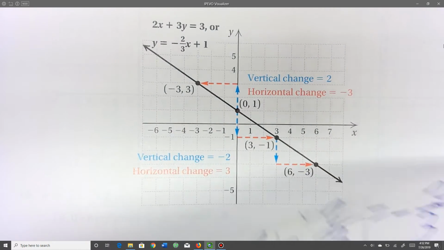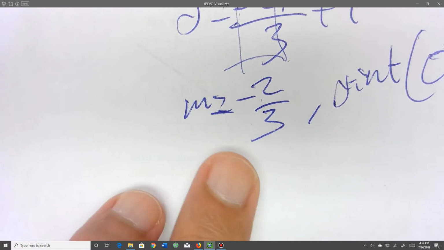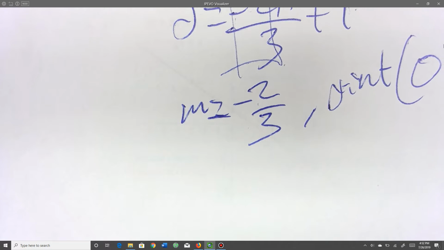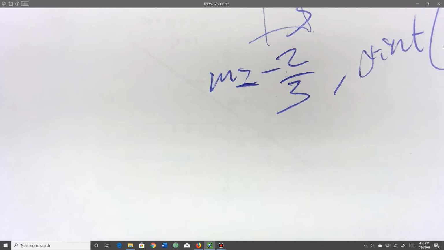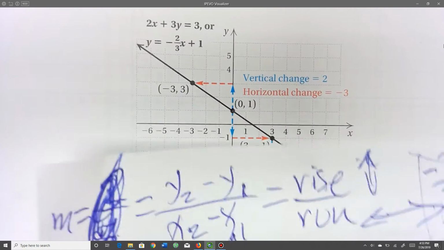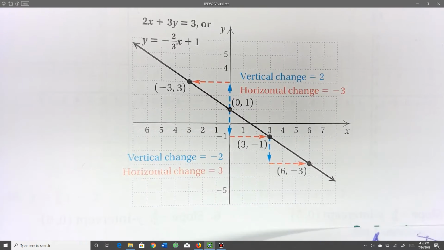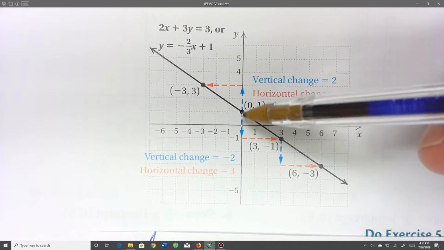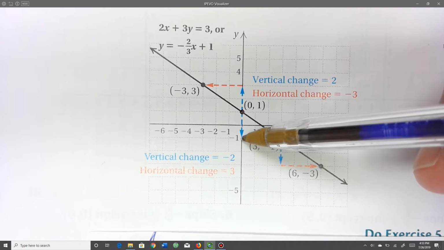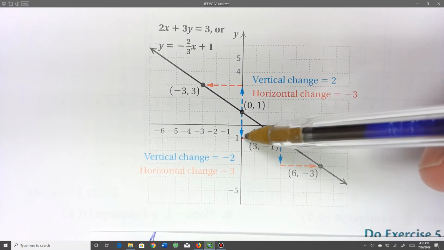From there, use your slope. The slope is -2 over 3. So I'm going to say that my rise is -2. I need to move down 1, 2 units. Then my run will be +3 units.